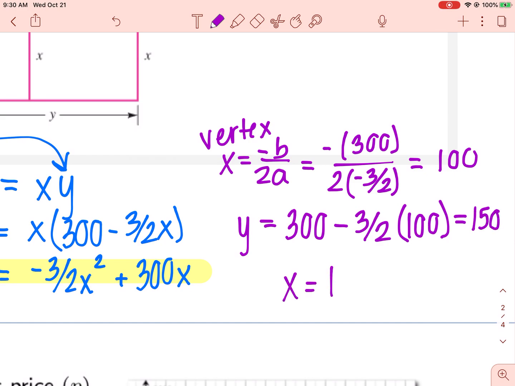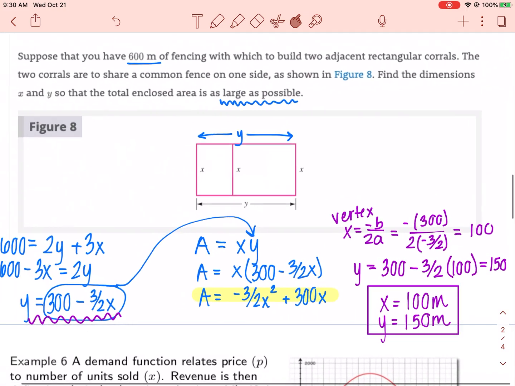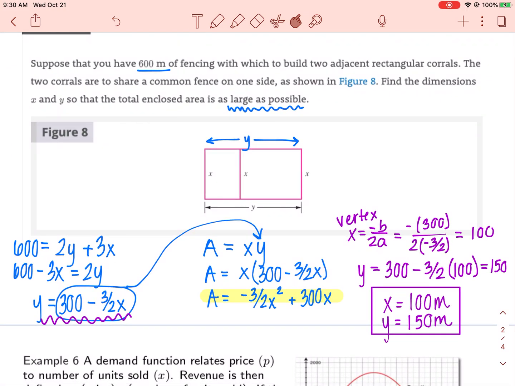So x in the end is 100 meters. y is 150 meters. And that's what it wanted. We found that area function in terms of one variable. Then we found the max, which is x and y.